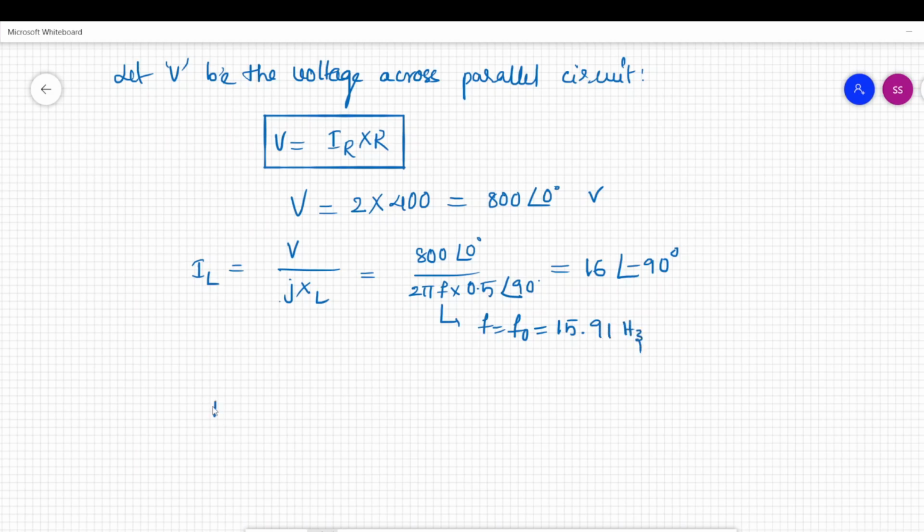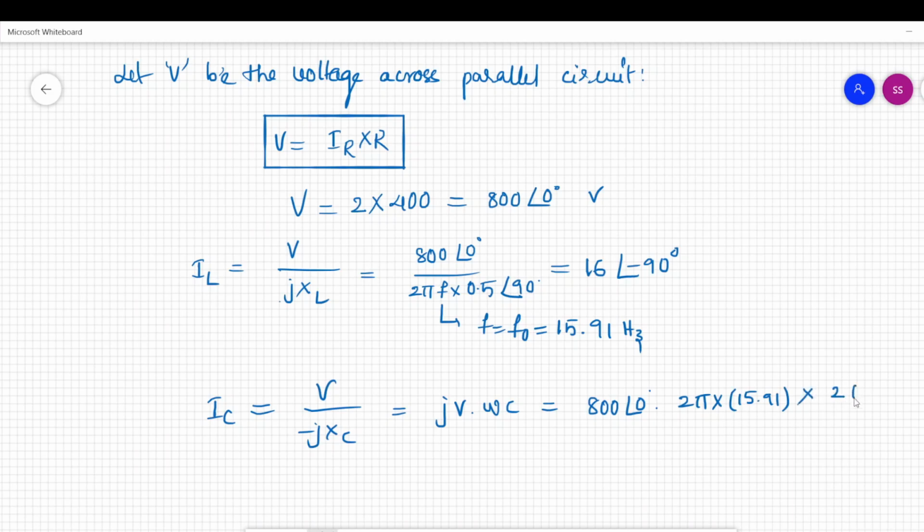Now let us find IC, that is V by minus jXC, that is jV into omega C, right? j will add a 90 degrees phase shift, so 800 at an angle of 0 degrees into omega, which is 2 pi into the resonant frequency 15.91, into the capacitance value 200 into 10 power minus 6.